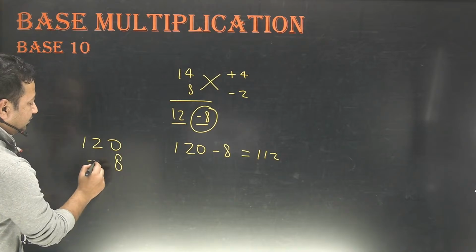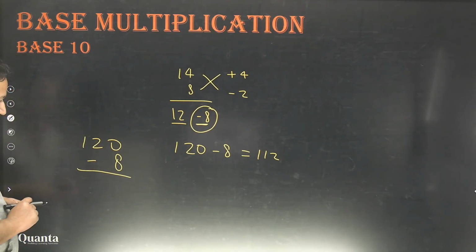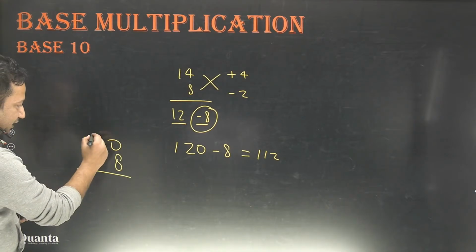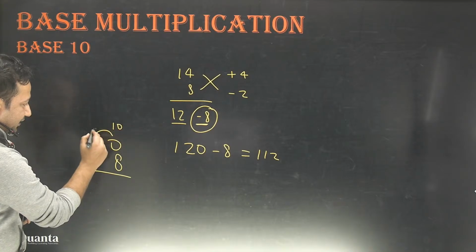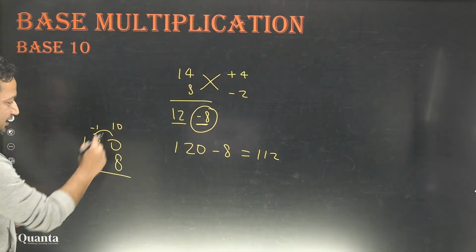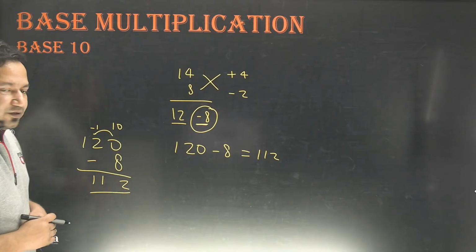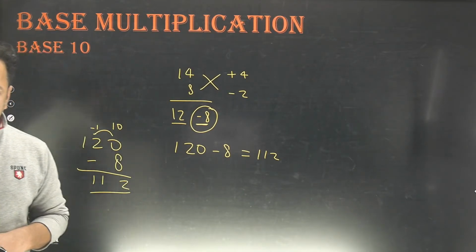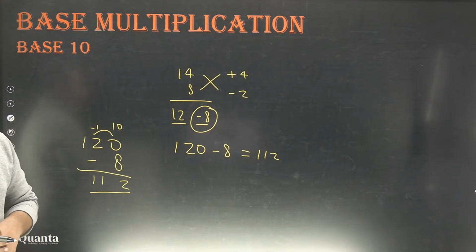See, very basic stuff. If you need to subtract it, what did you do? 0, so you borrow 1 from here. This becomes 10, and here minus 1 goes. Do you remember that? 10 minus 8 is 2, and then 11 comes out here. Do you remember that? Everybody remembers that.